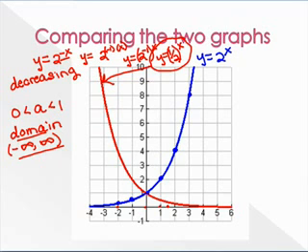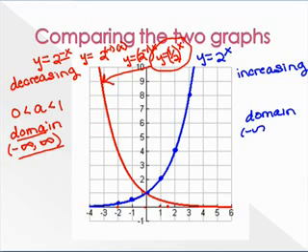The same thing is true with the blue graph though, but instead of being a decreasing function, it is increasing over the whole domain. And the domain of this one is the same thing. The blue one doesn't have any gaps or jumps either.